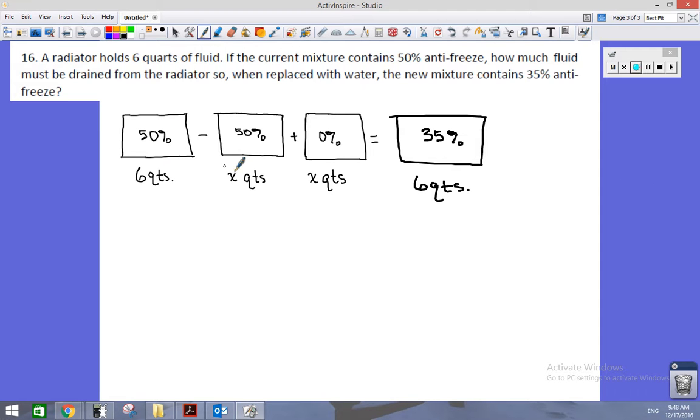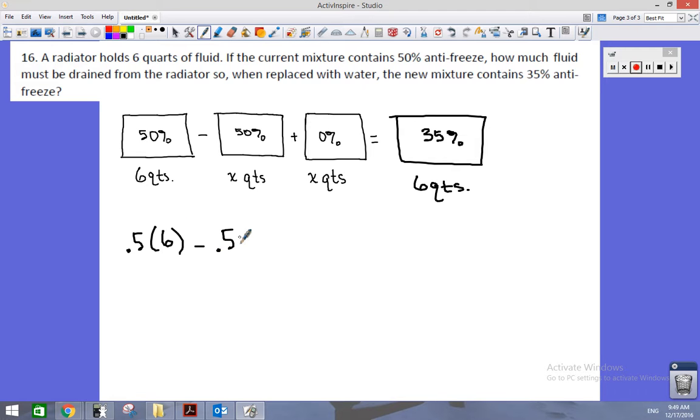So now we have a picture of what's going on with the problem, and from these pictures, if you just multiply the concentration times the volume, then you'll have an equation, and we can solve that equation for x, and that's what we want, how many quarts we are draining and replacing. So I've got 50% times 6. 50% as a decimal is just 0.5.